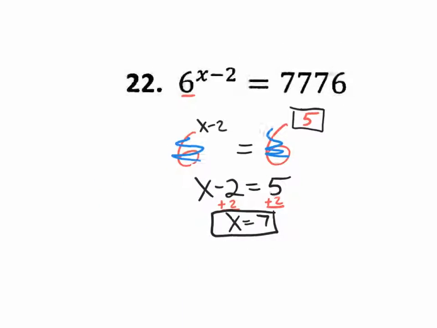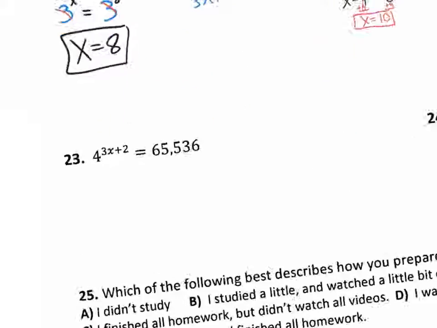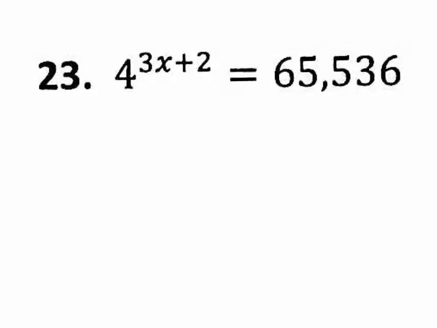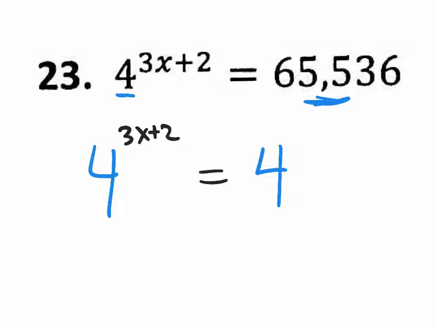Moving on. Number 23. Wow, you guys, okay, you're getting really good at this. So yeah, because we have the base 4, we need base 4 over here. So we have base 4 to the 3x plus 2. And we're going to say that it equals base 4, and what's that power? 4 to the 8th power. Just to verify on my calculator, I'm going to do 4 to the 8th, and sure enough, it is 65,536.